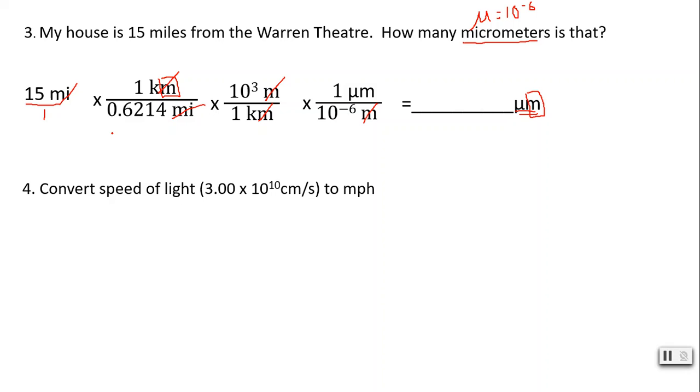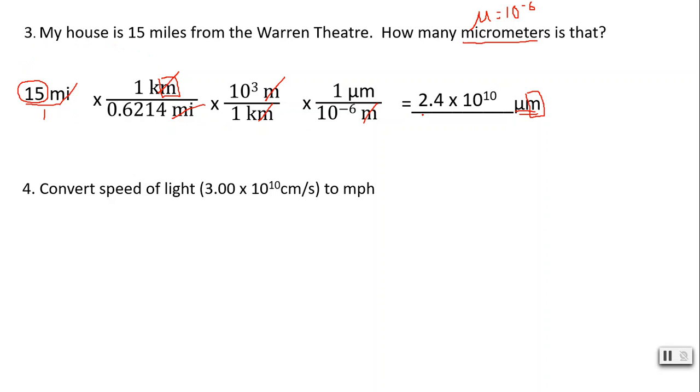When putting that in your calculator and rounding it to 2 significant figures, because remember I have 2 significant figures here, all of these conversion factors are exact numbers, they have infinite sig figs. So this final answer rounded to 2 significant figures is 2.4 times 10 to the 10.